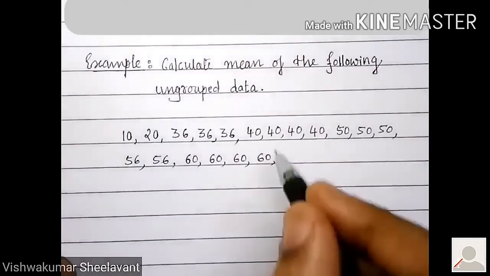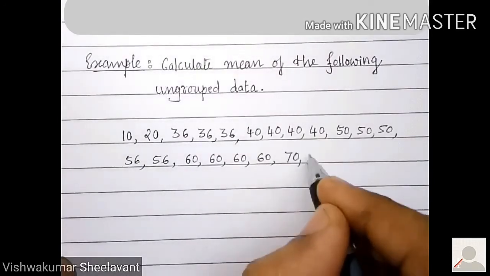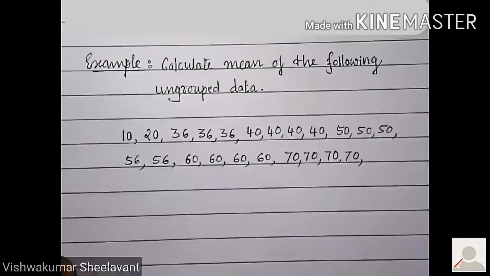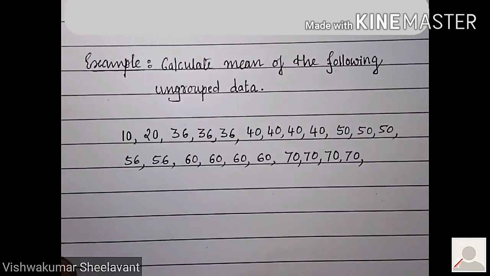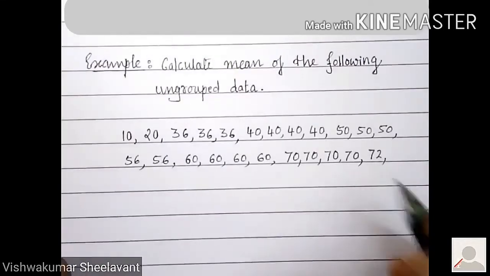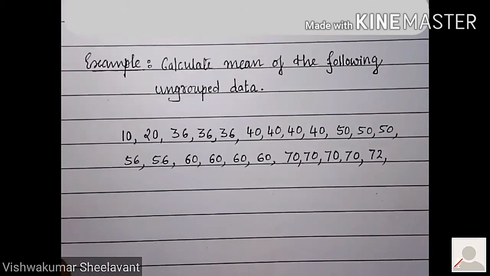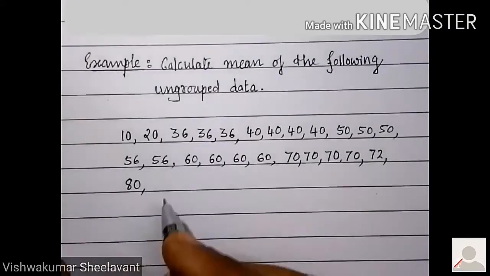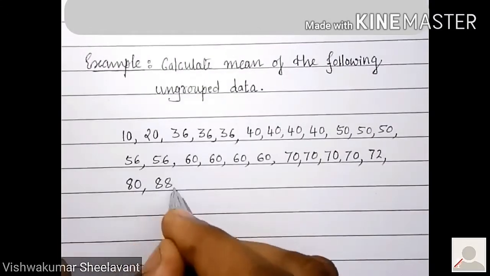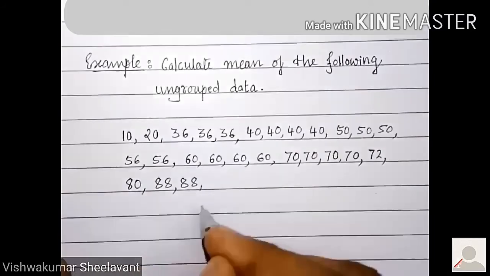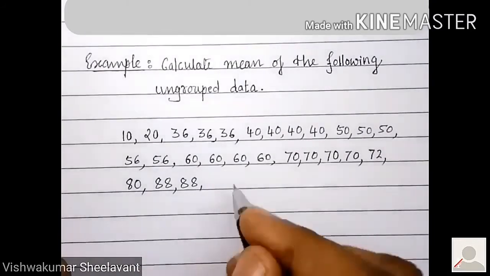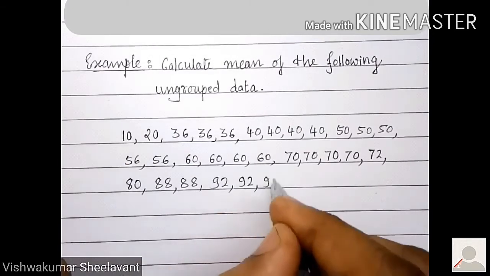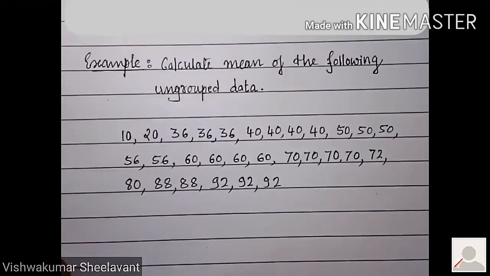Again, four students have scored 70 marks. One student has scored 72 marks. One student has scored 80 marks. Two students 88 marks. Three students 92, 92 and 92.